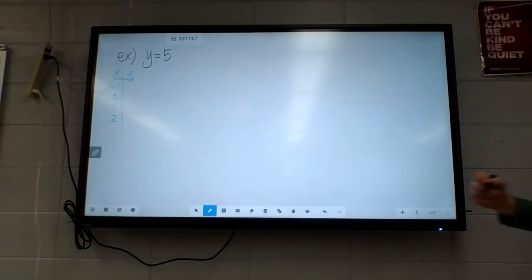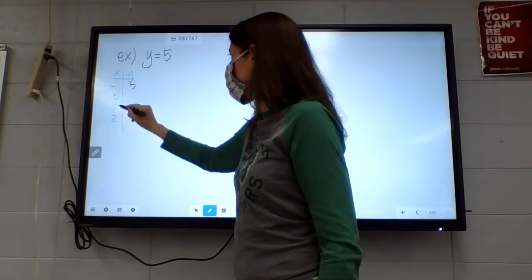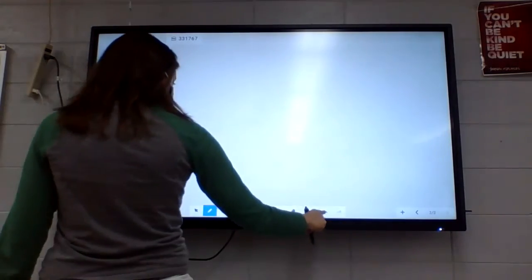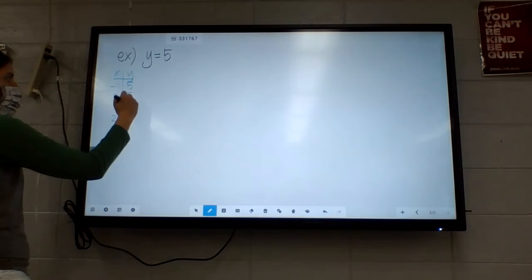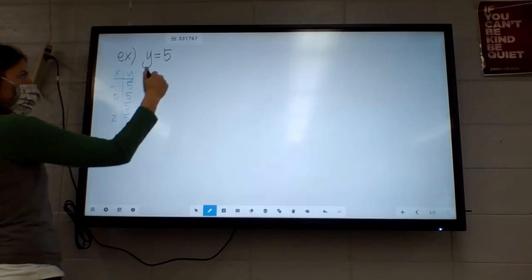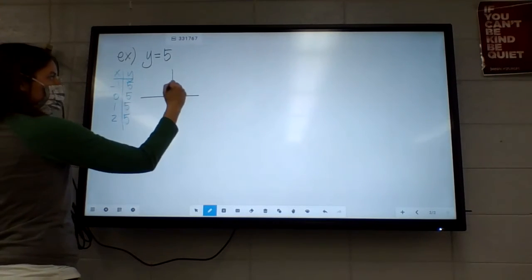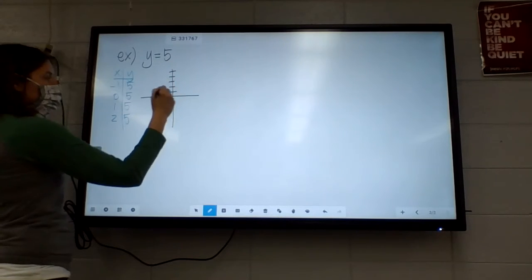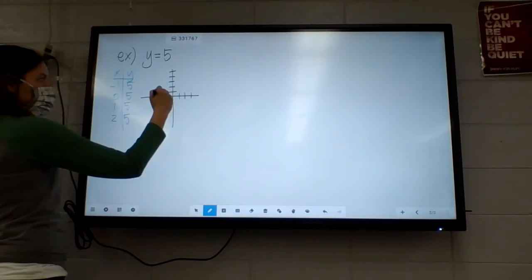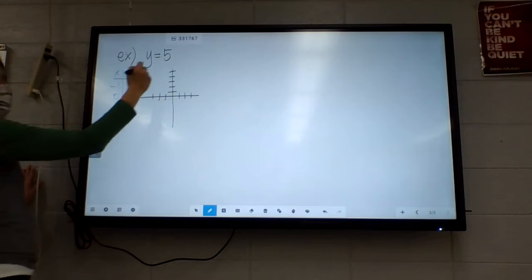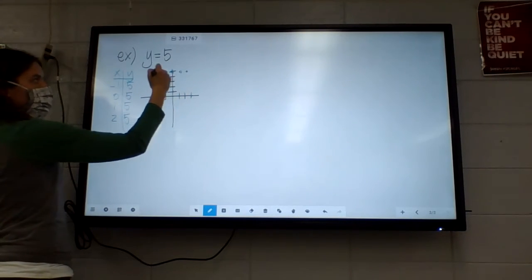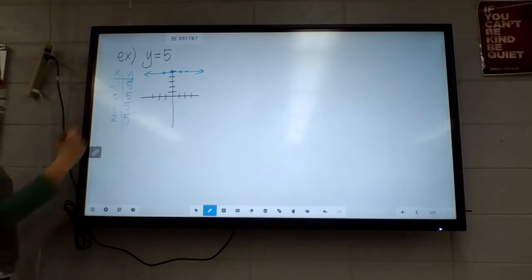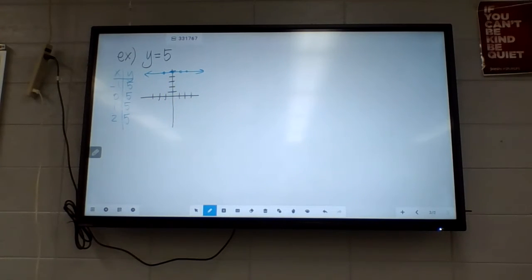So every Y is 5. So if I go to graph this, -1, 5, 0, 5, 1, 5, 2, 5. This is just going to be a flat line at 5.